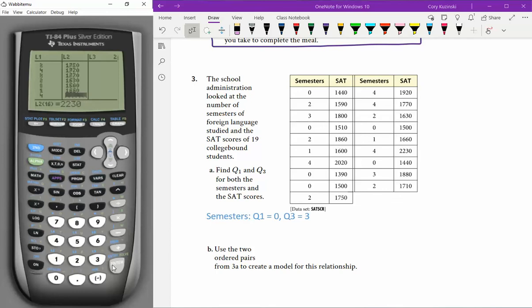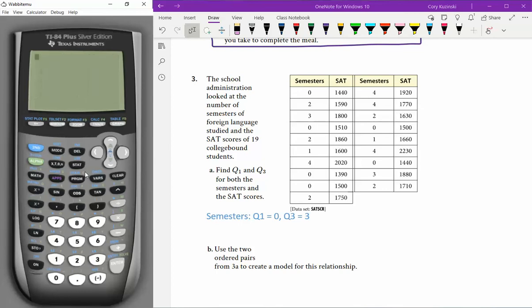That's a really good score. 1440, 1880, and 1710. All right, let's take a quick look through there. I got the same number of data in each list. Looks like I got all my data entered correctly.